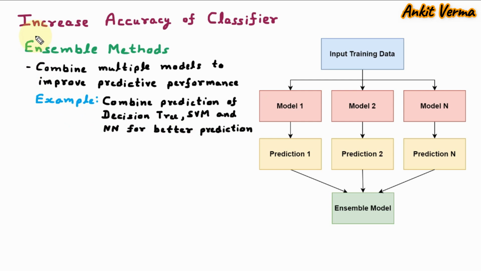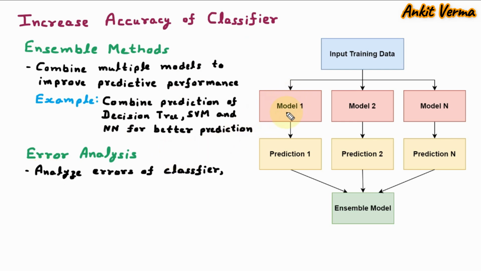Now the next technique to increase accuracy of classifier is error analysis. So first of all, analyze the errors of classifier. So whatever the model we are using or the classifier we are using, we have to find its errors. Then we have to identify pattern. From these errors, we have to check some pattern.